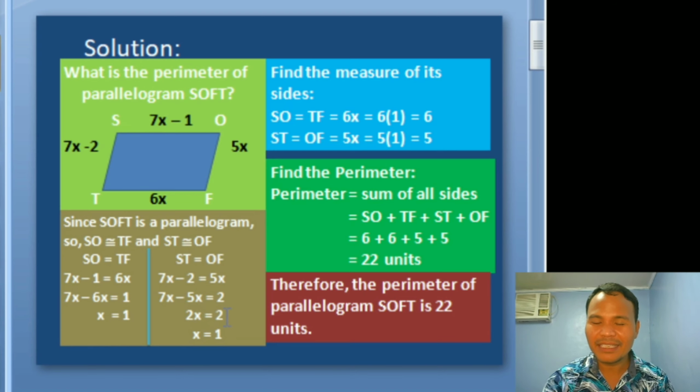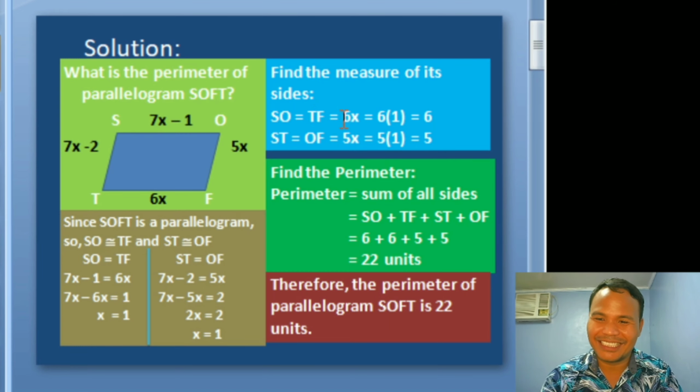Okay? And since we solved already the value of x, we can now find the measure of each side. So SO is equal to TF. We use 6x here. We can also use 7x minus 1, but it is much easier to use 6x.